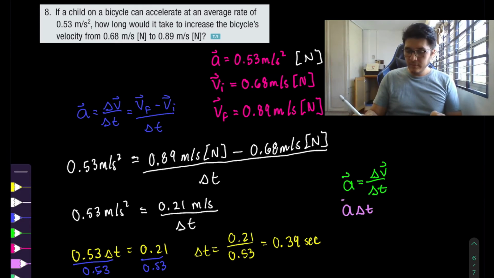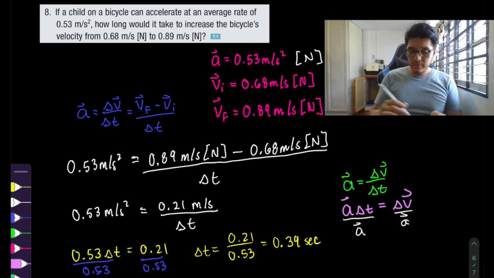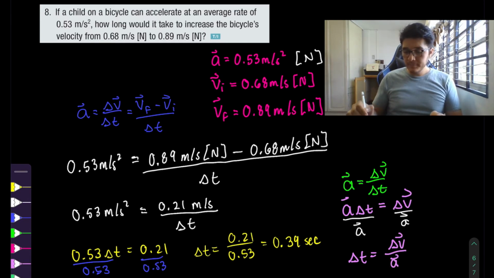Delta t equals delta v, by multiplying both sides by the change in time, and then we divide both sides by the acceleration, which gives us the change in velocity divided by acceleration, which is what we ended up doing, but it looks a lot nicer because sometimes it's scary to be dealing with numbers at the beginning.